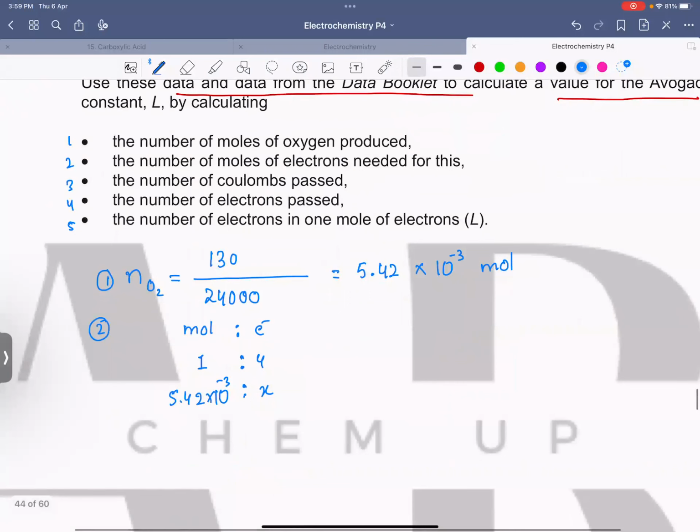Yes, so x would be 5.42 exponent minus 3 times 4, right? Yes, what is the answer over here?